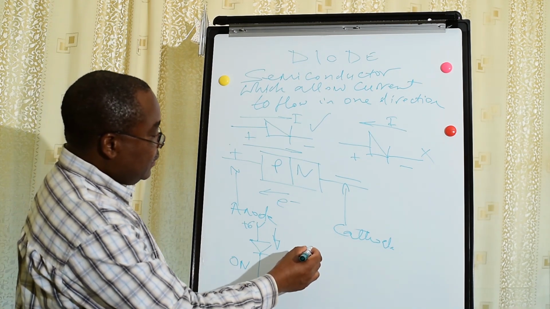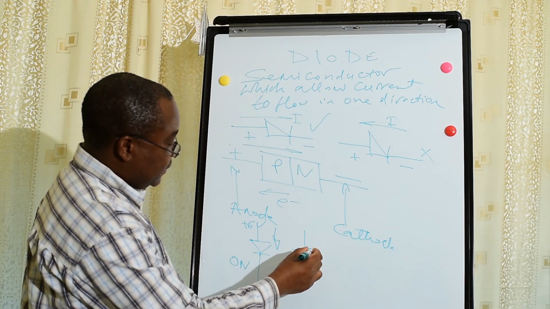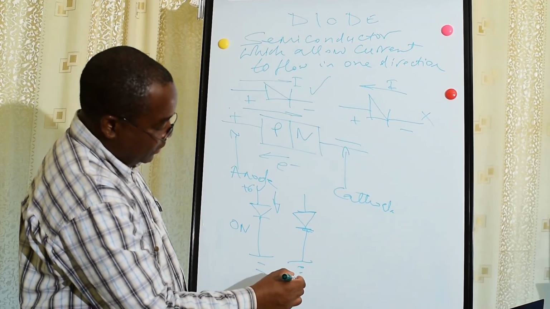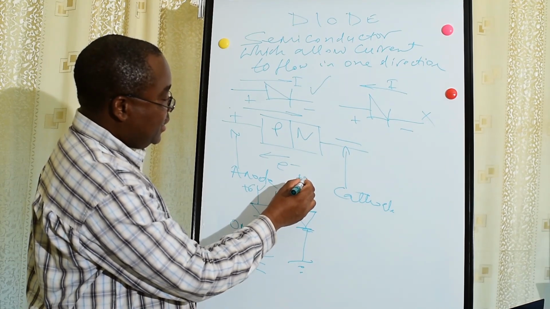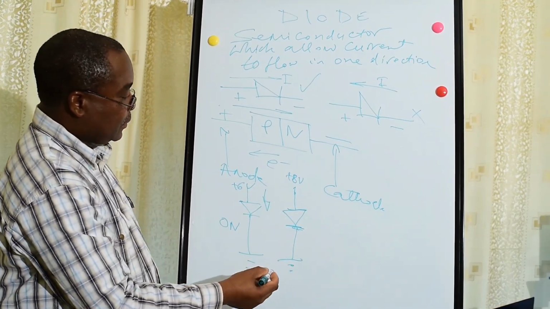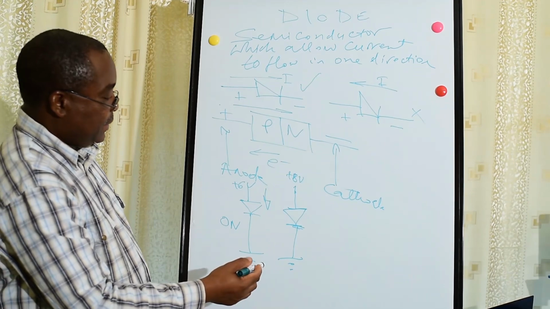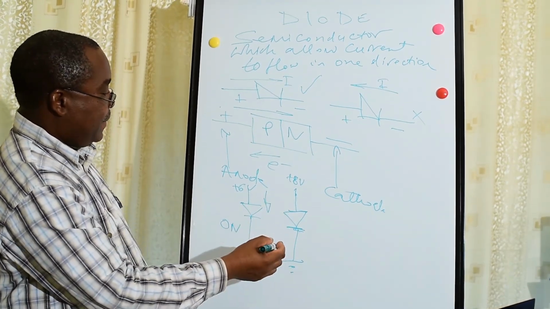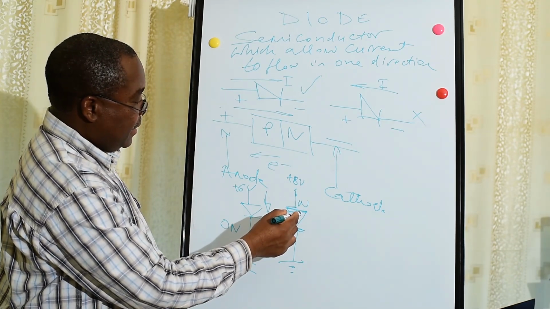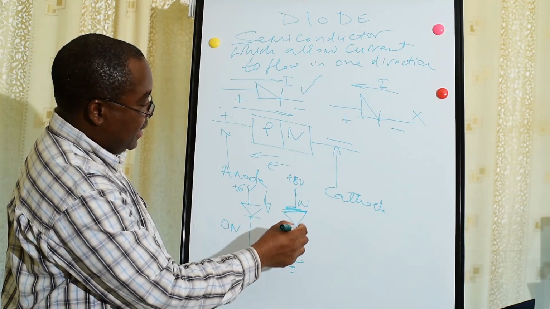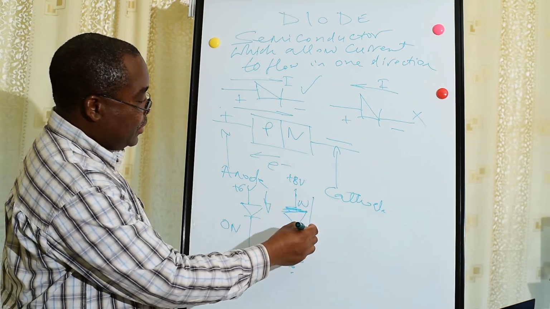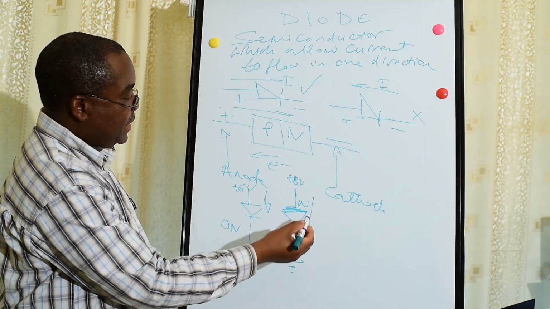Also, if you have another diode here with low potential, and here we have positive 8, this is high potential, but here is N and this is P. Here the current will not flow because it is reversed.